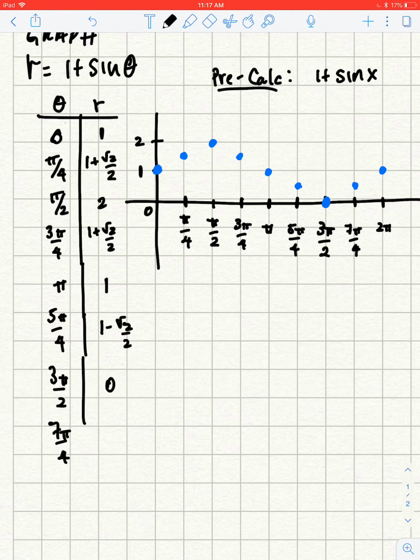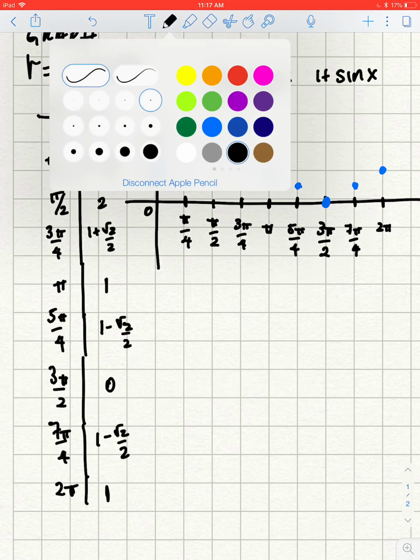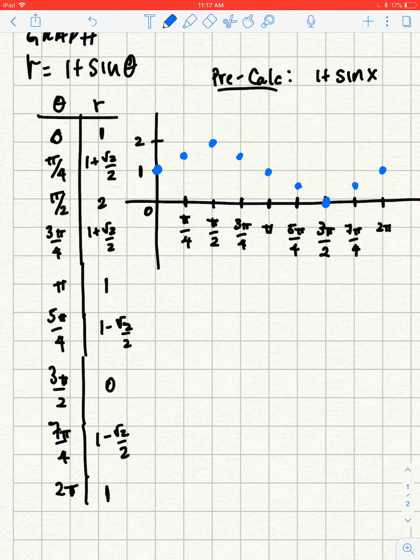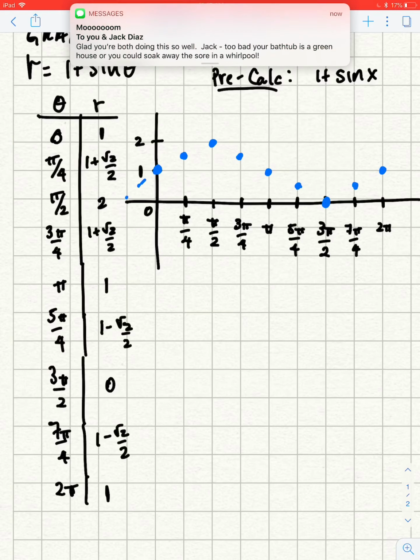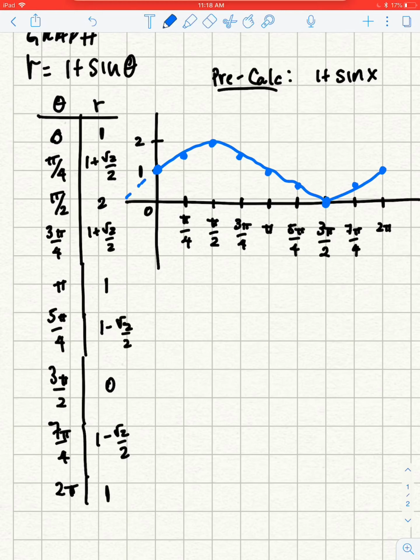So 7 pi over 4, 1 minus root 2 over 2, and 2 pi would give us 1. Okay, so you have a table, and you have what we did in pre-calc. In pre-calc, our curve, remember, it always came from there, it didn't stop, and then it just continues. Right, and we know it just keeps on going, and it repeats that over and over again.